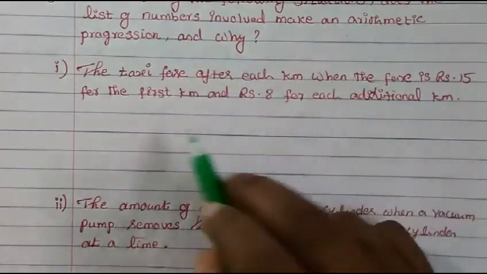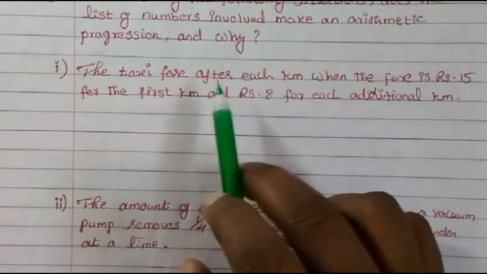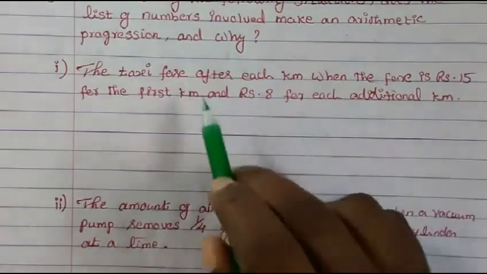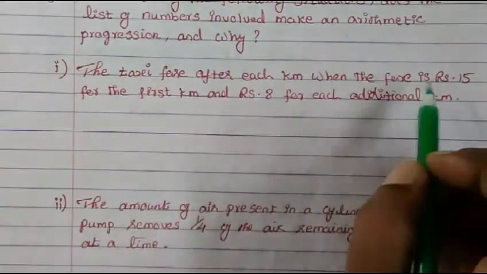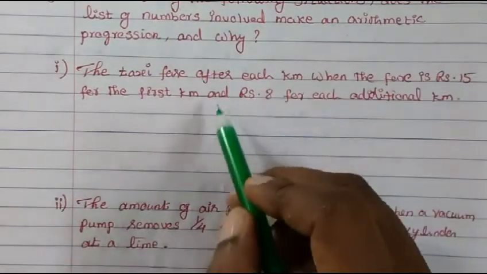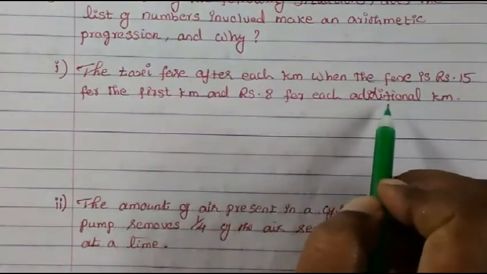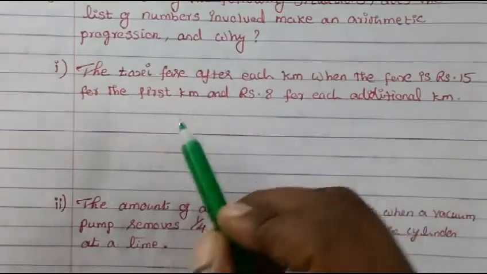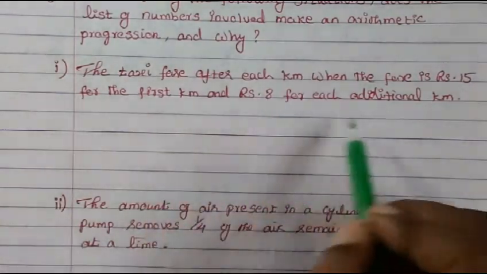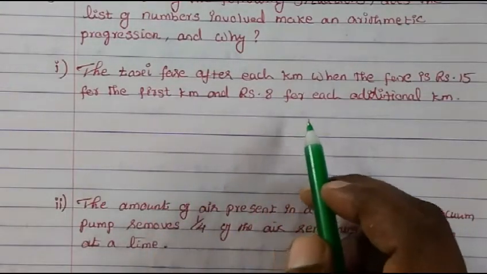So what they are telling is taxi fare after each kilometer when the fare is rupees 15 for the first kilometer. So that means first kilometer the fare is rupees 15, and then for each following kilometer the additional will be 8. That means each kilometer 8 will be added. So we have to check whether the list of numbers that comes here is an AP or not.